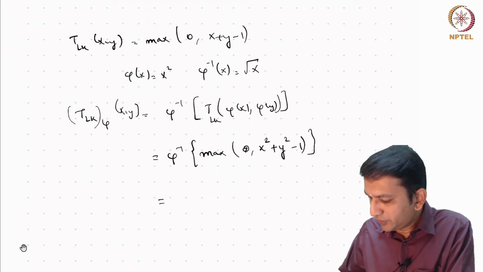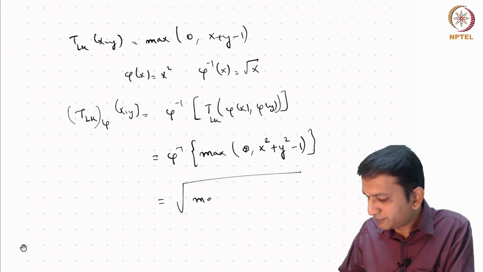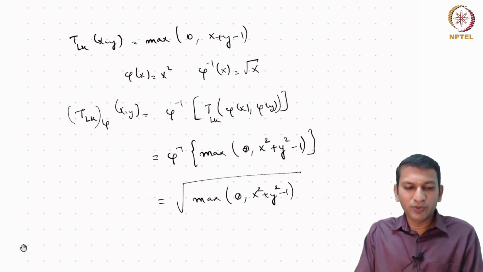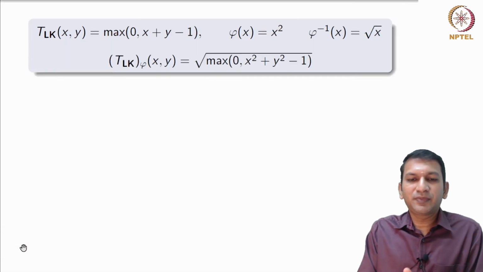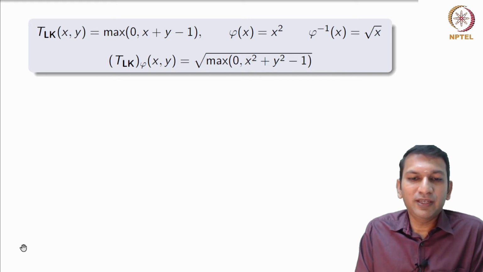Phi inverse is the square root of this, so it is essentially the square root of the maximum of 0, x square plus y square minus 1. So this is what you will get as the phi conjugate of T_LK.